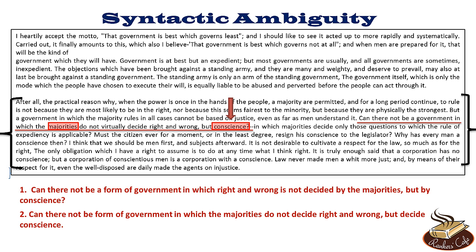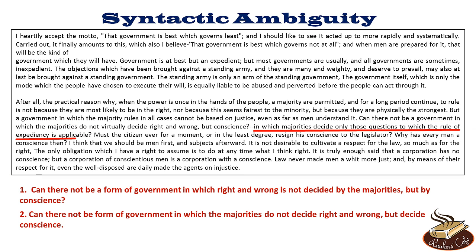Particularly, examine the sentence that follows this one, in which majorities decide only those questions to which the rule of expediency is applicable. This sentence limits the role of majorities to deciding only matters of expediency, thus making it clear that it is not the agent of action in the previous sentence.